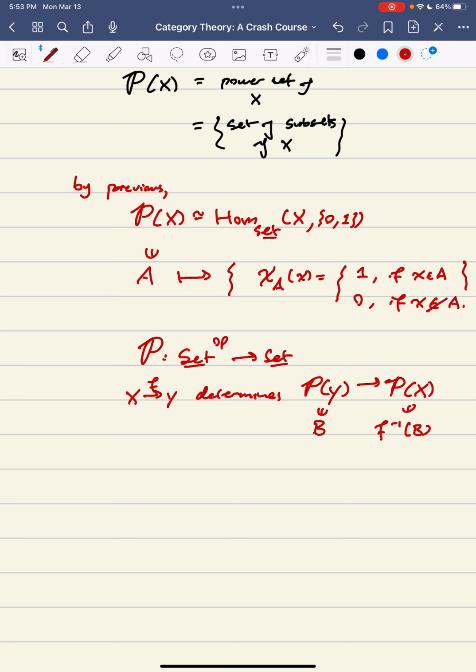So it's indeed a contravariant functor, but what we showed is actually that the power set functor is a representable functor. In fact, it's naturally isomorphic to the set of morphisms into {0,1}.